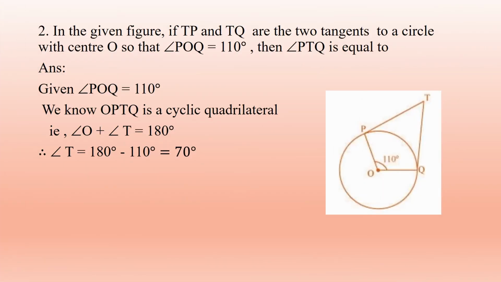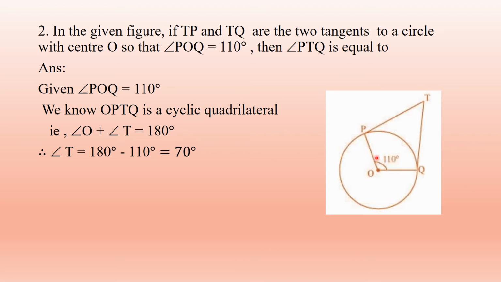Question number 2. In the given figure, if TP and TQ are the two tangents to a circle with center O, so that angle POQ is equal to 110 degrees, then find the value of angle PTQ. We are given angle POQ is equal to 110 degrees.